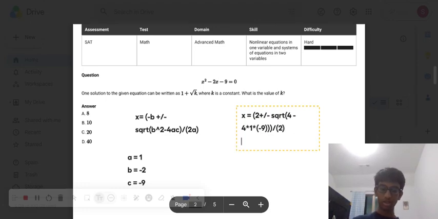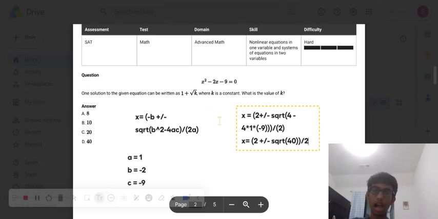Simplifying this, we get x is equal to 2 plus or minus the square root of 4 plus 36, because negative 4 times 1 times negative 9, the negatives cancel and it becomes positive. 4 times 9 is 36. Simplifying that, you get 40. So 2 plus or minus the square root of 40 all over 2.